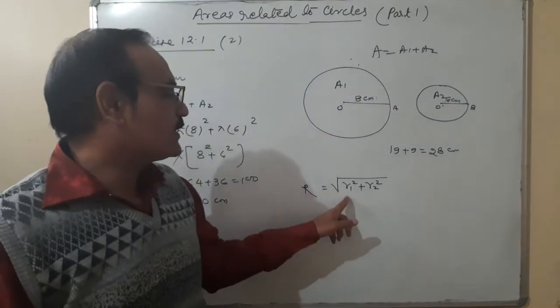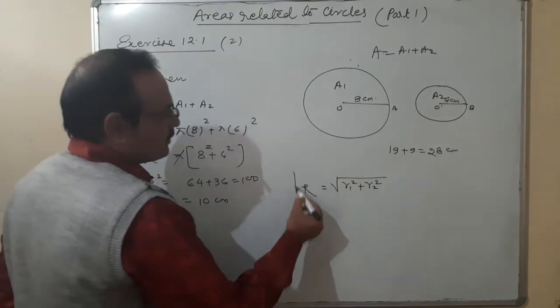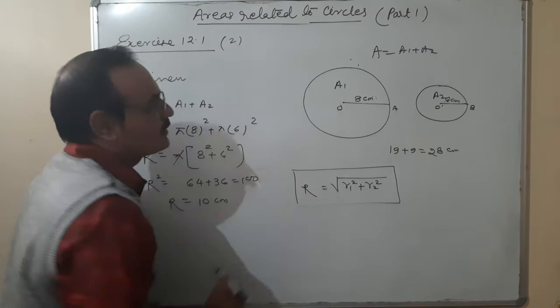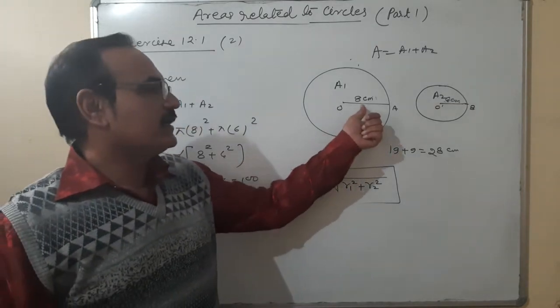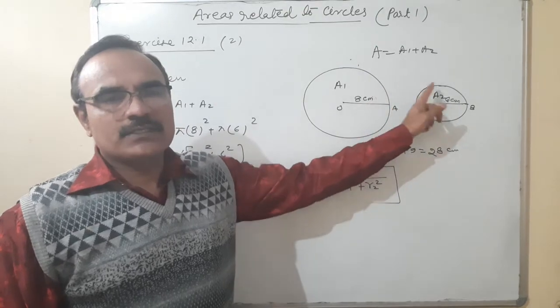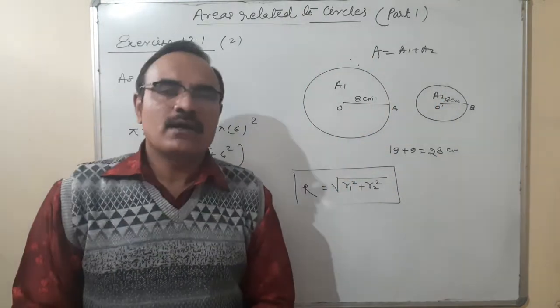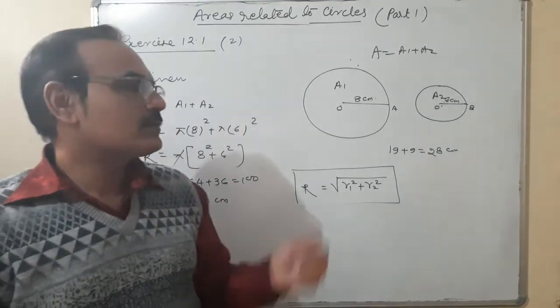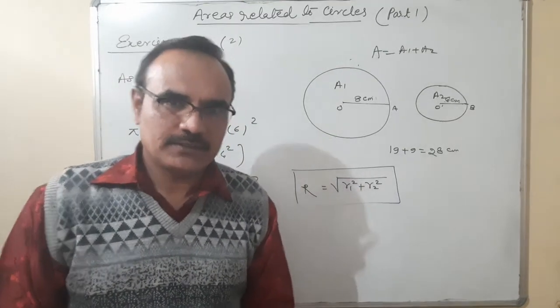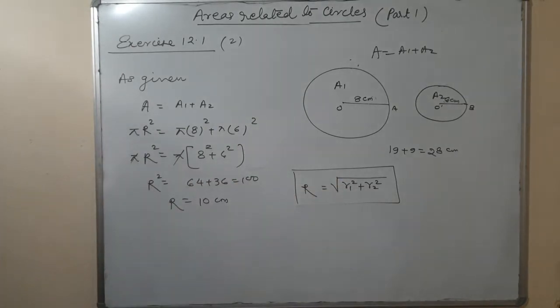Okay, under root of r1 square plus r2 square is equal to R. So you will remember this concept. Suppose the radius is 8, 8 squared is 64, radius 6, 6 squared is 36, 64 plus 36 is 100, under root 100 means 10. So the radius of that circle whose area is equal to the sum of areas of two circles is equal to 10 centimeter.